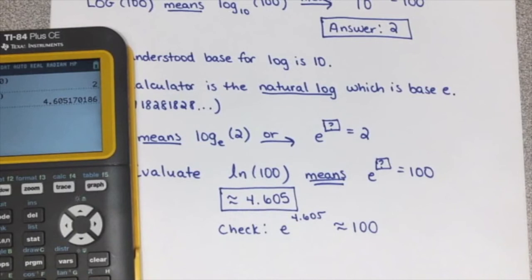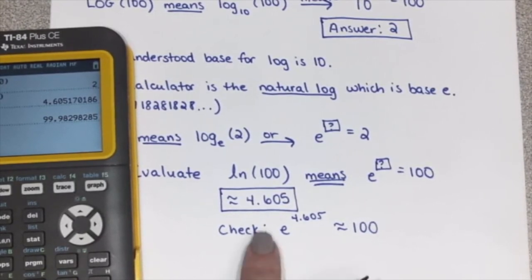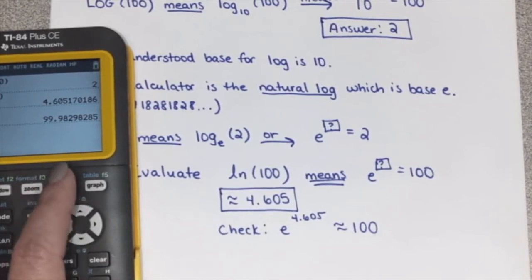So using the same calculator, you can do e to the power of 4.605, and you should get pretty close to 100, and notice we do. We get 99.98, so pretty close. But the answer is what I boxed in there. The answer is 4.61. So if you raise e to the 4.61 power, you will get about 100.